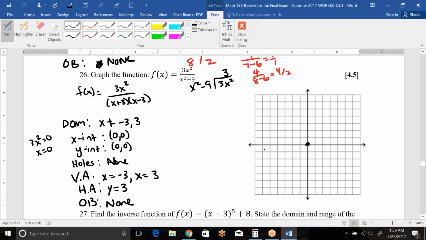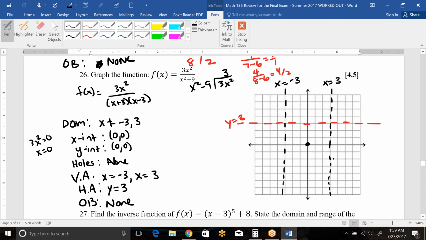So 0, 0 is definitely a point. 1, 2, 3. +3 is a place where we're going to have 1 vertical asymptote, and x equals -3 is the other vertical asymptote. Then we also have a horizontal asymptote at +3, so y equals 3. And we don't have any other points, so we're going to need to pick some things.